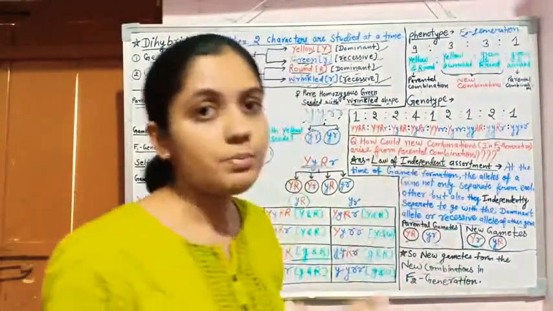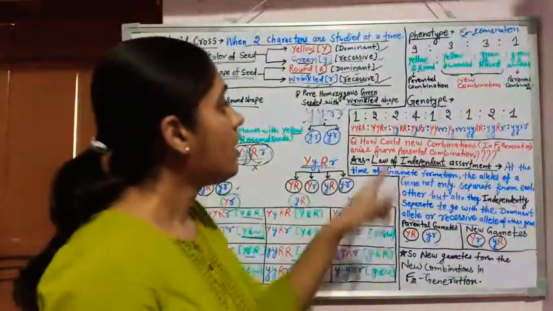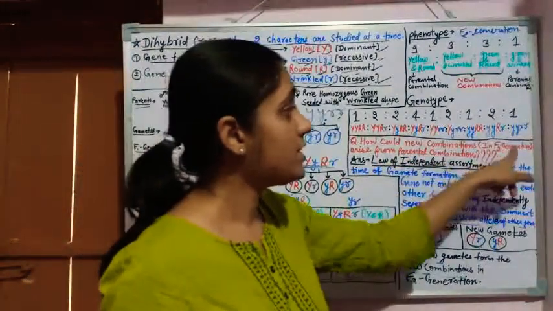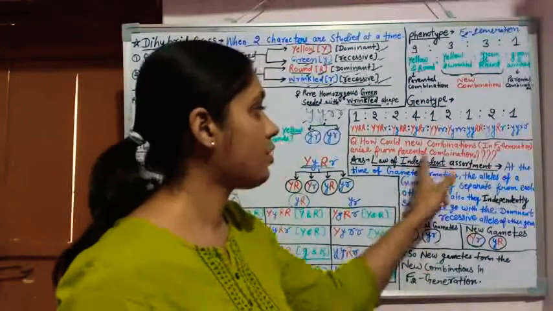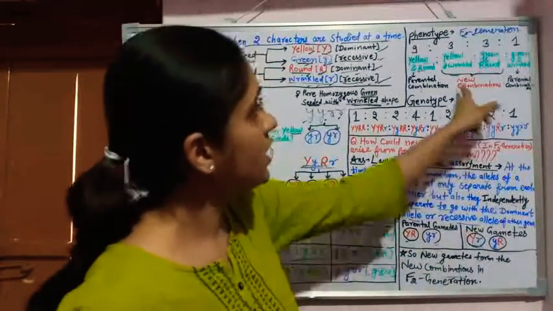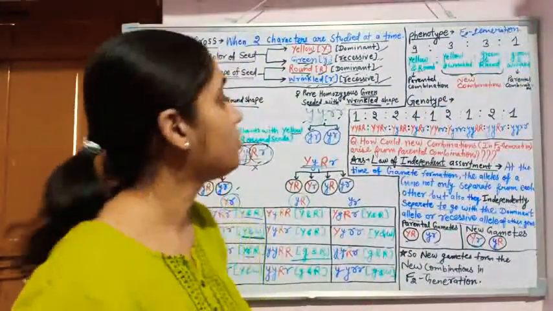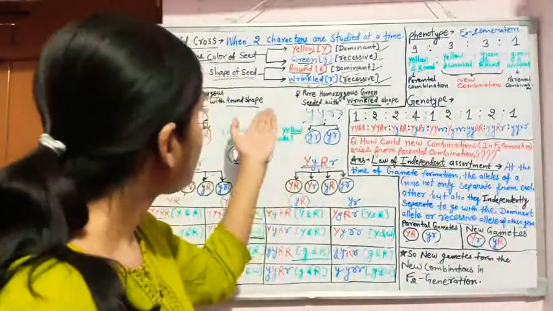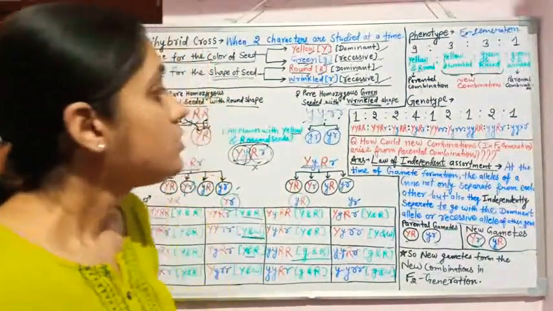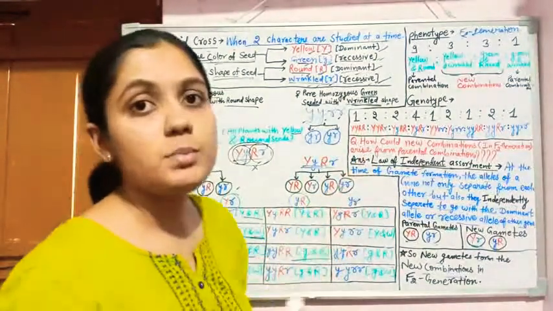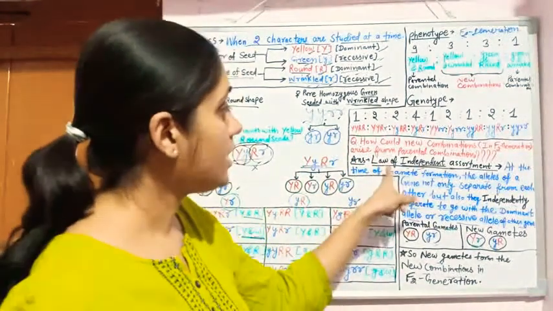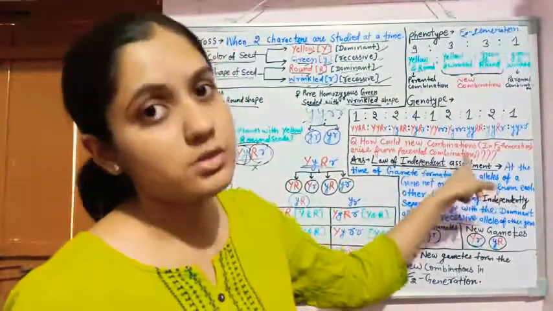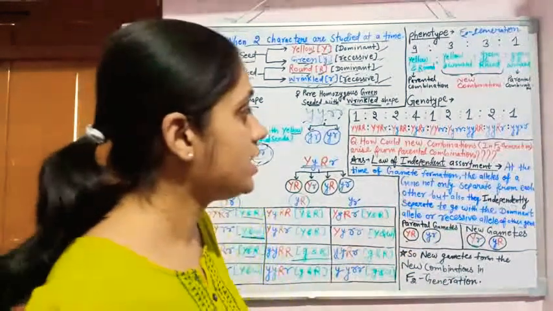So the main question is, how could new combinations in the F2 generation arise from the parental combination? These are the new combinations. How can these arise? Because they are absent in the parents. The reason can be explained by Mendel's third law, the law of independent assortment. So listen to what it says.